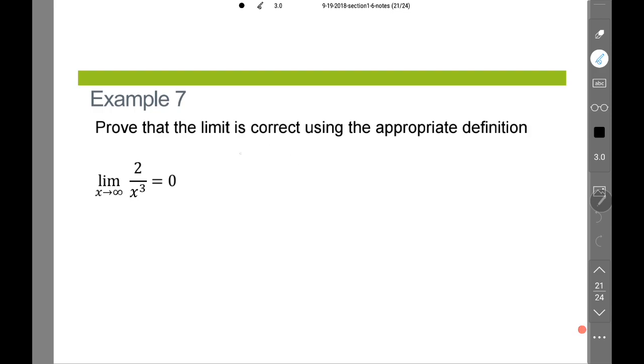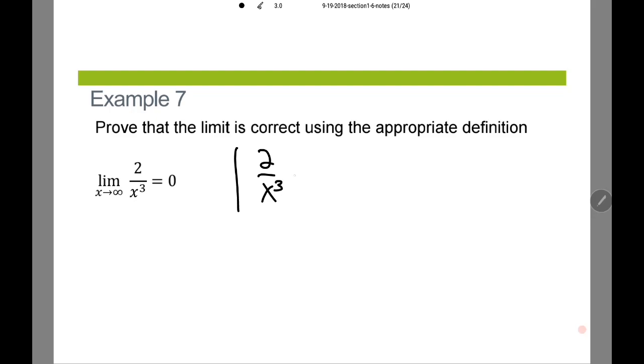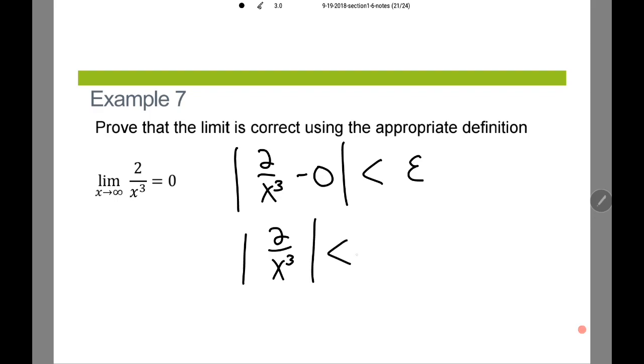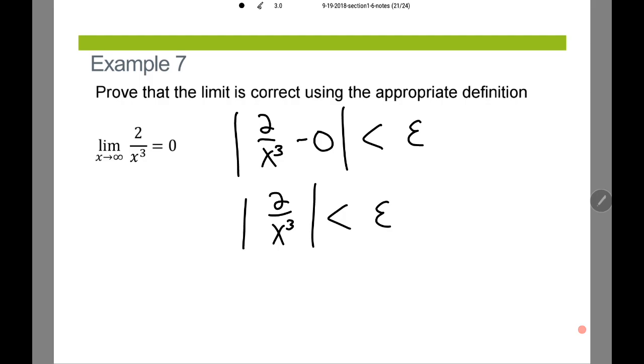Alright, so for number 7 here, again, got a limit going to infinity, and we got 2 over x cubed, and we got our limit equals 0, so we're going to use the function minus the limit less than epsilon. Alright, and that pretty much gives us 2 over x cubed less than epsilon.